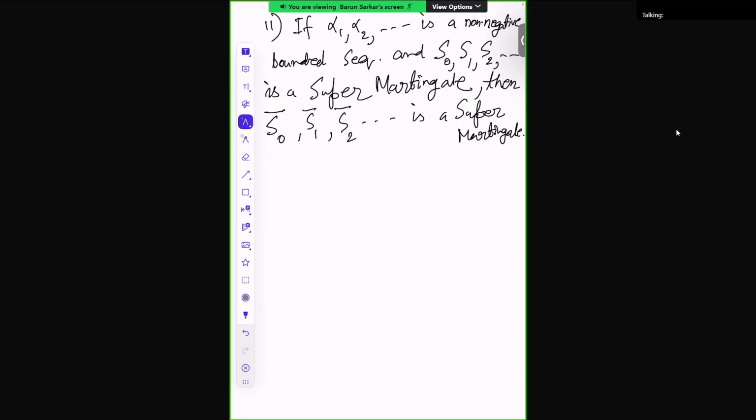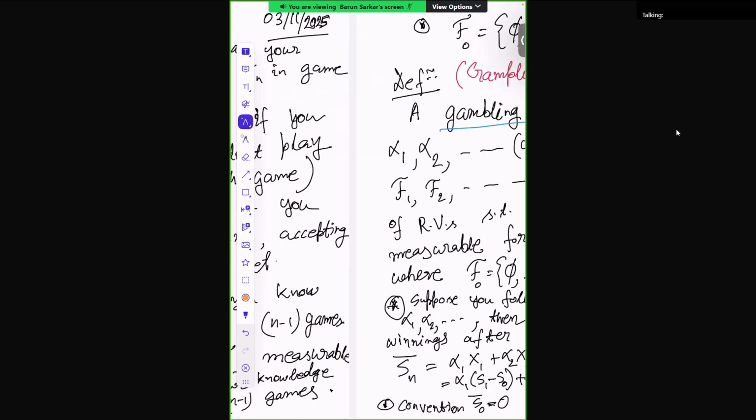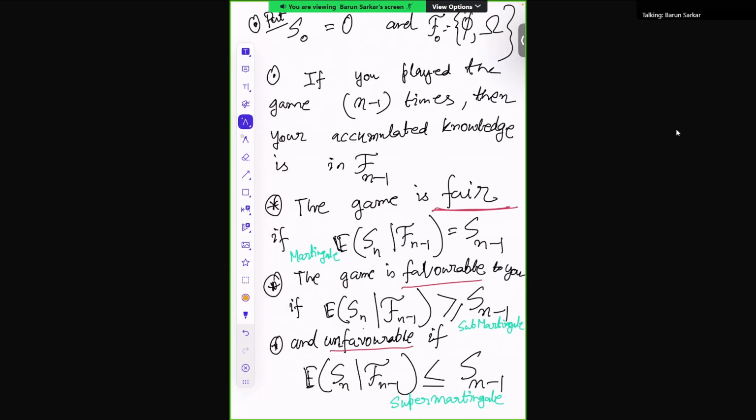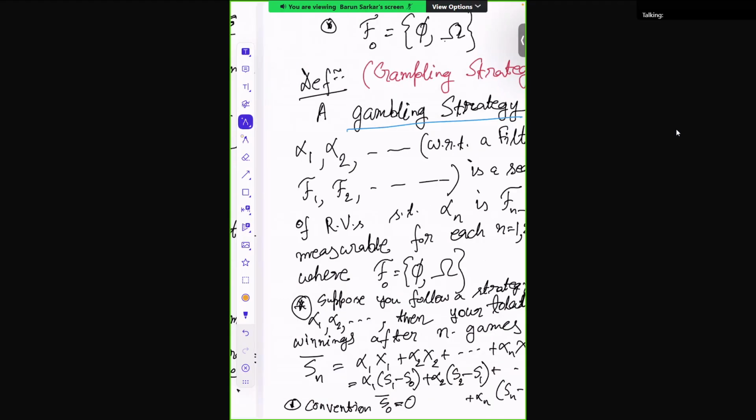So in a sense, for a super martingale, it is an unfavorable game. Super martingale means unfavorable, right?